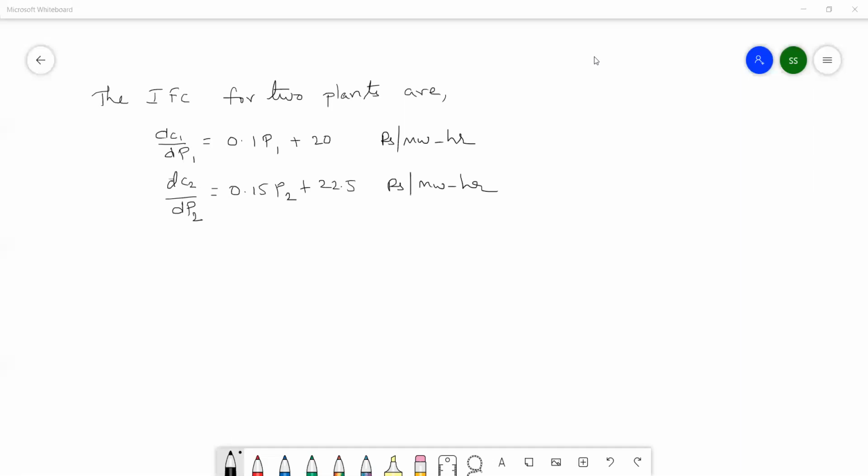Find the penalty factor for plant 1, or simply you can calculate the penalty factor of plants 1 and 2, for each plant.